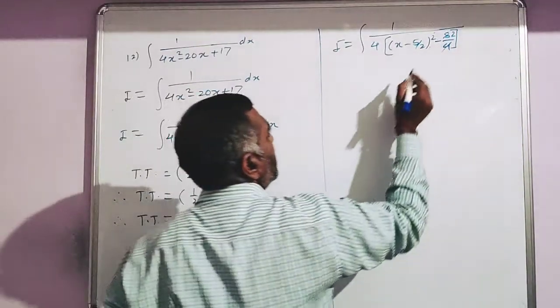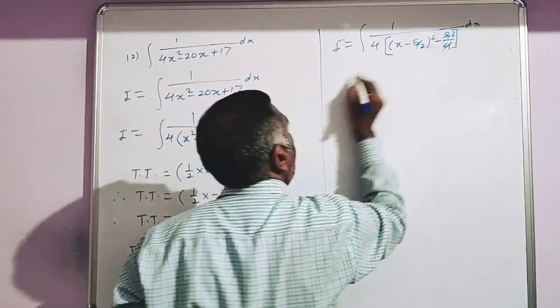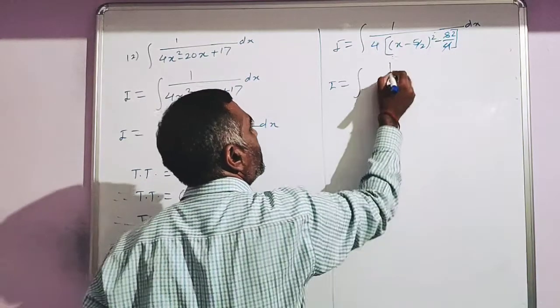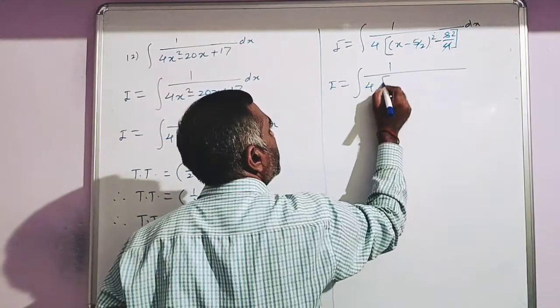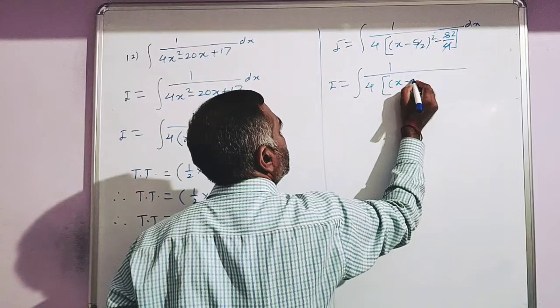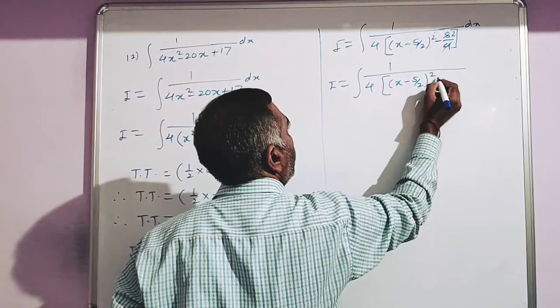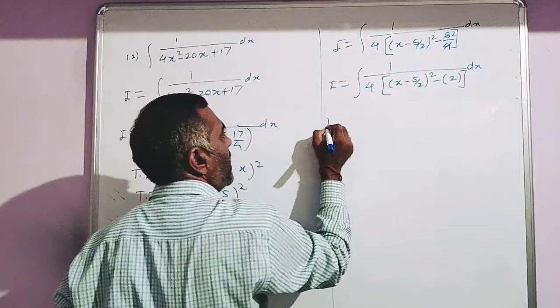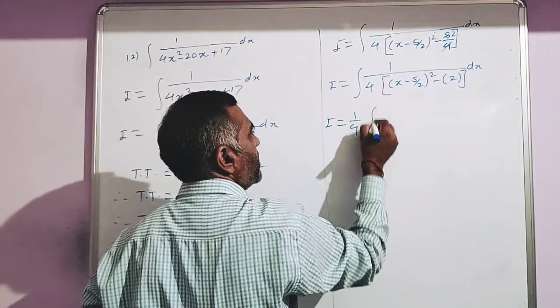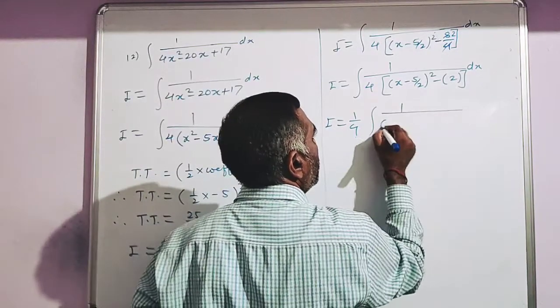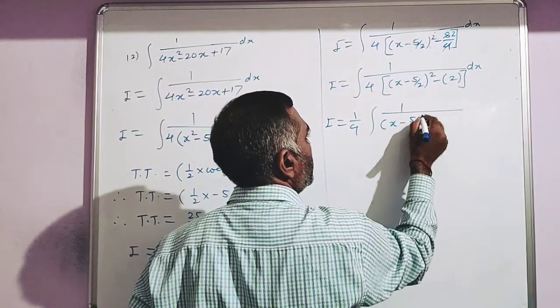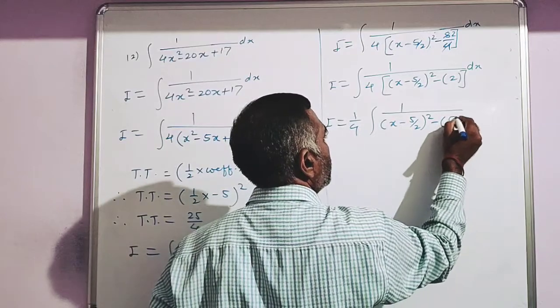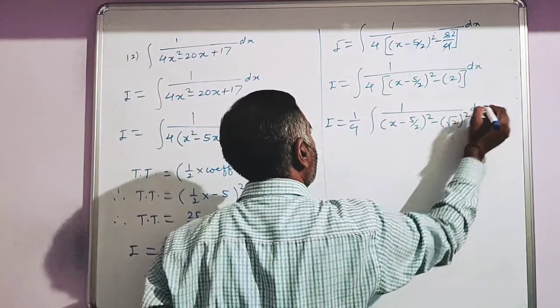Clear? Therefore I is equal to the integration of 1/4 in bracket (x - 5/2) whole bracket square minus 2, brackets complete. I is equal to 1/4 integration of 1/[(x - 5/2)² - (√2)²] dx.